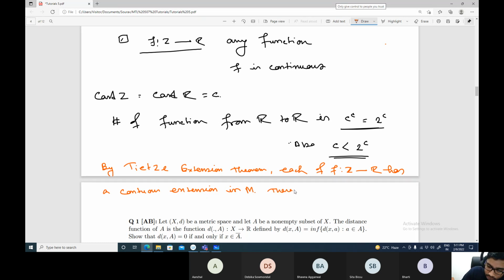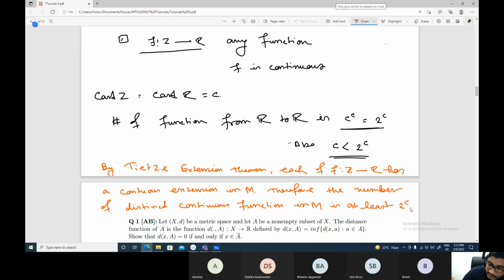Therefore, the number of distinct continuous functions in M is at least 2 power C.